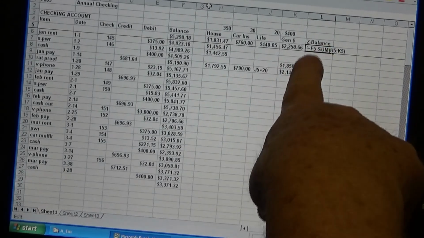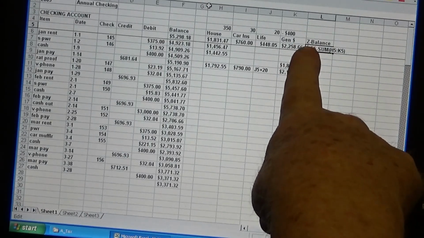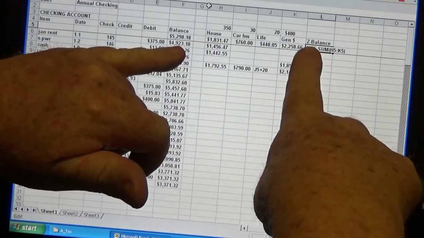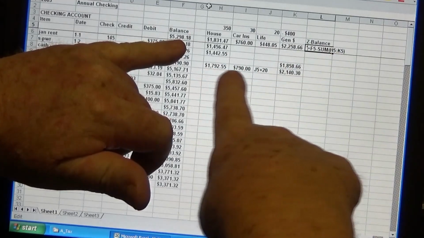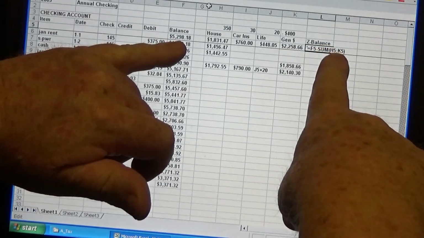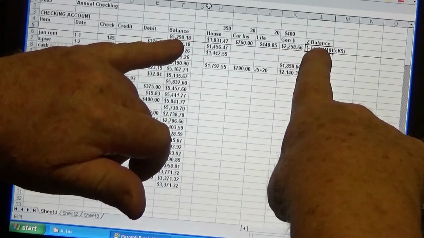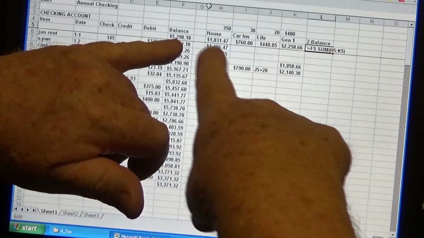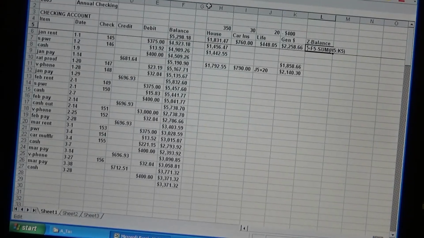What this is going to do is take what's in F5, which is the balance, and take the sum of these columns, subtract them, and it should be equal to 0 if these cash envelope contributions match what our pay is, then we're good. So we'll hit enter. And there it's 0.